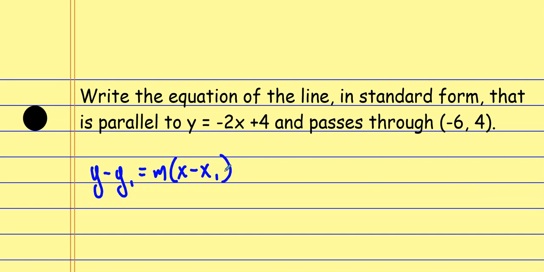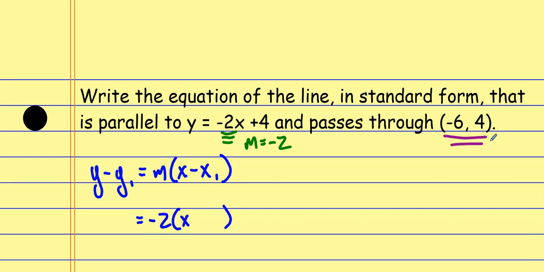And so the question is, what's the slope of my line going to be? Well, it says that I want to be parallel to this guy. Well, this guy has a slope of -2. And we know that parallel lines have the same slope, so my line is going to have a slope of -2 also.